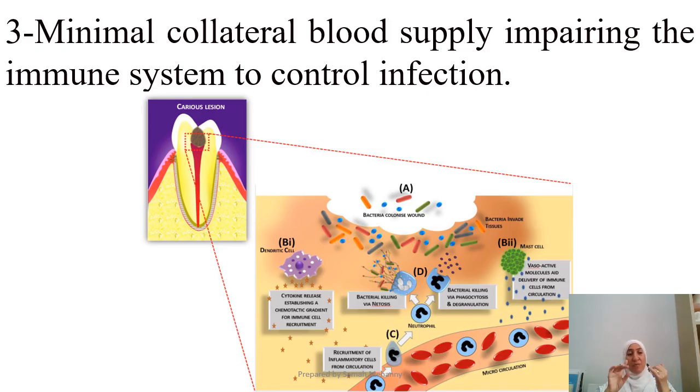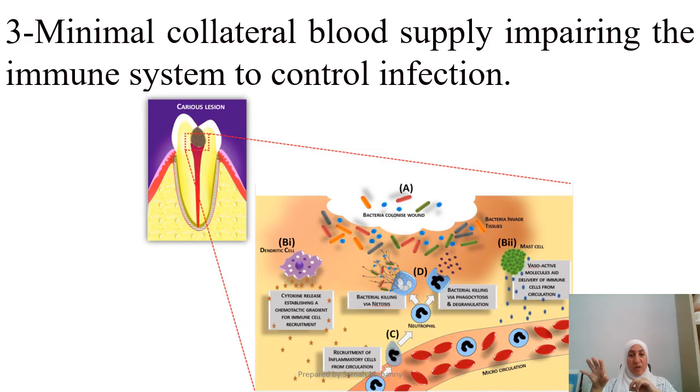This apical foramen permits the passage of blood vessels, permits the passage of nerves, permits the passage of fibers, and so on. Thus, this minimal apical foramen couldn't provide blood supply or collateral blood supply to adjacent tissues to minimize the inflammation or edema.